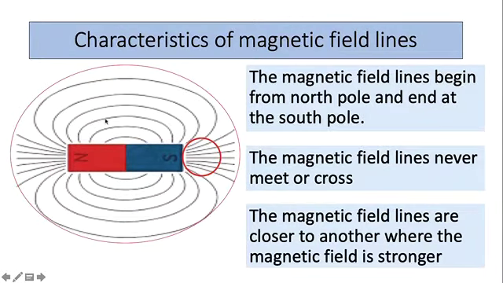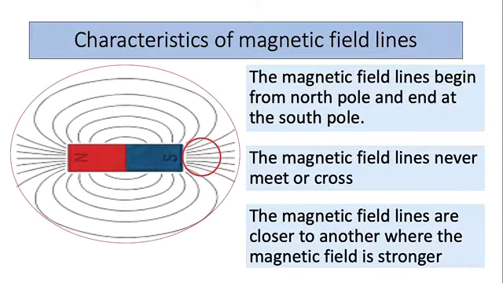When you draw the magnetic field lines, you must make sure there are no lines crossing or meeting each other. Apabila anda lukis garisan medan magnet ini, pastikan tidak ada garisan yang bertindih ataupun bersilang antara satu sama lain. Because the magnetic field lines never meet or cross each other.